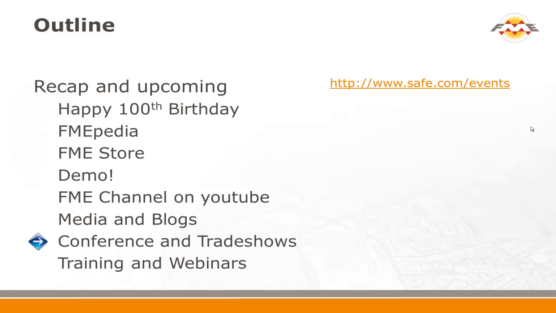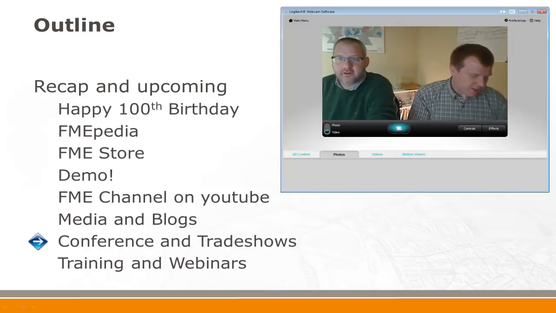We also attended the National States Geographic Information Council, which was all about next generation 911 service, a really hot topic. We were at the Esri Federal UC talking about ArcGIS data interoperability, Esri XML workspaces, and 3D raster.